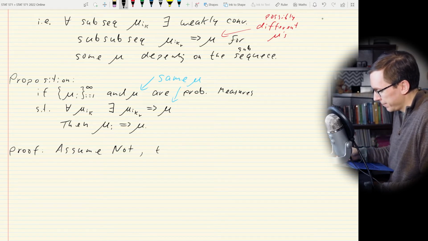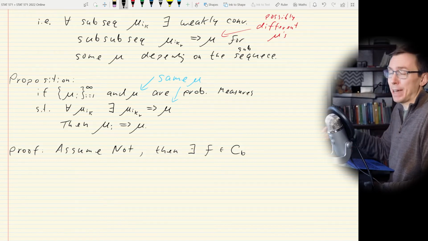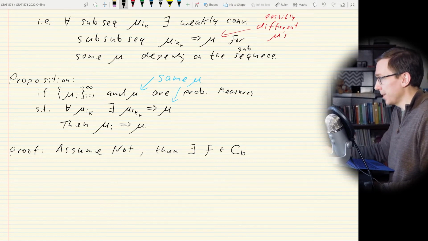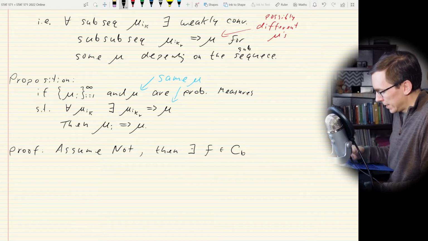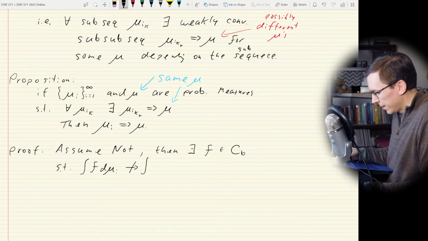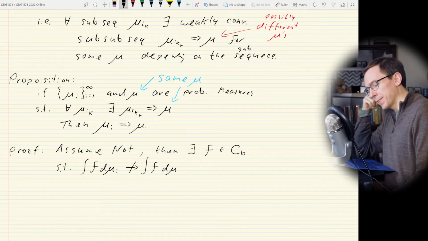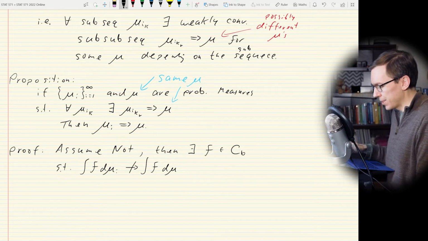Then there exists an f that is continuous and bounded, as we talked about 2 lectures ago when we talked about convergence, such that the integral of f d mu_i does not converge to the integral of f d mu. If we don't have weak convergence, then there has to exist at least one continuous bounded function where we don't have this convergence of the integrals.